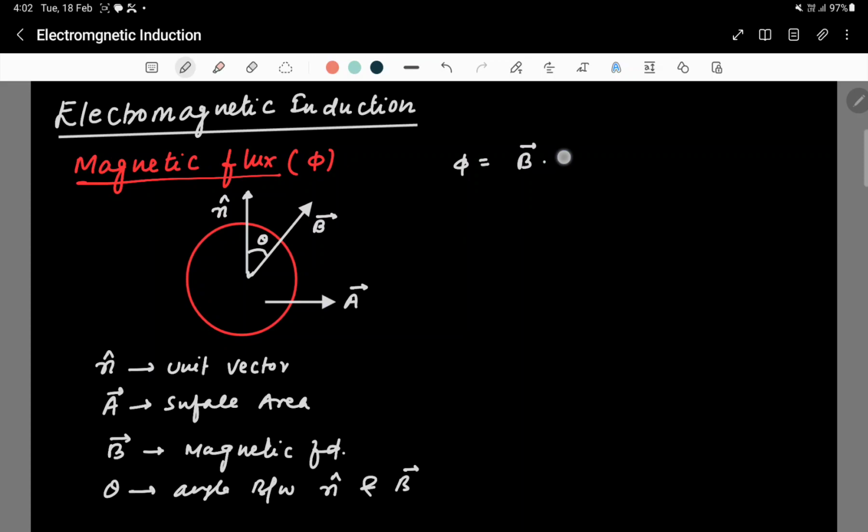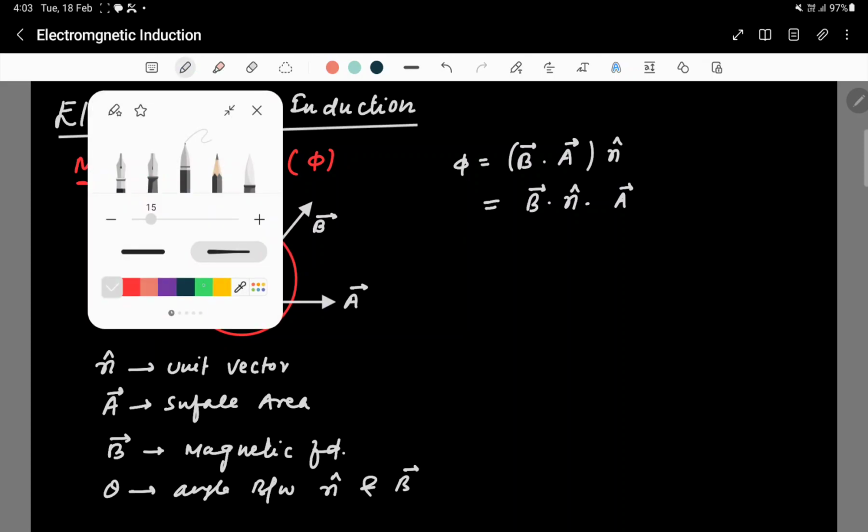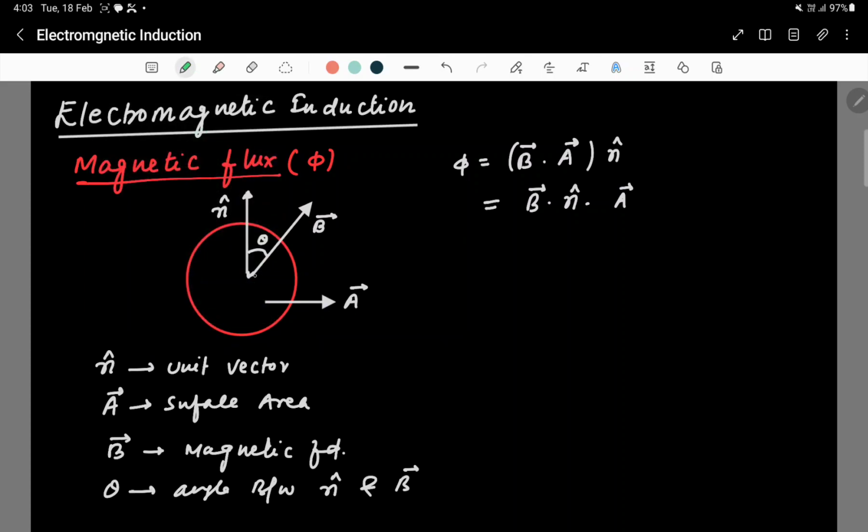So see here, flux phi equal to B vector dot n vector into A vector. Yes or no? Now see, if you are going to find out the component of this B vector, it will be B sin theta, and this one will be B cos theta.